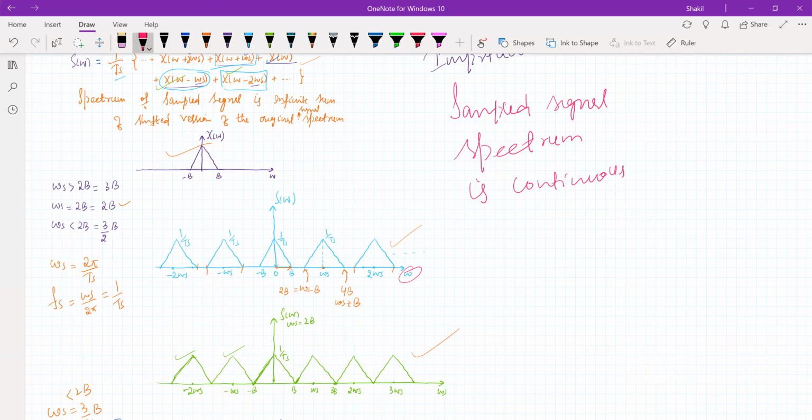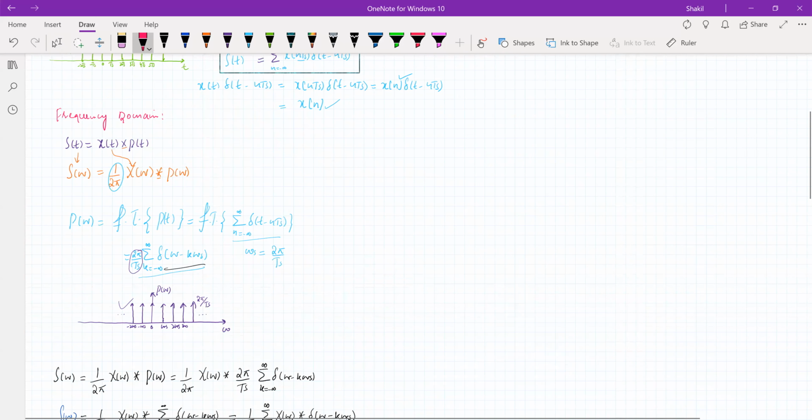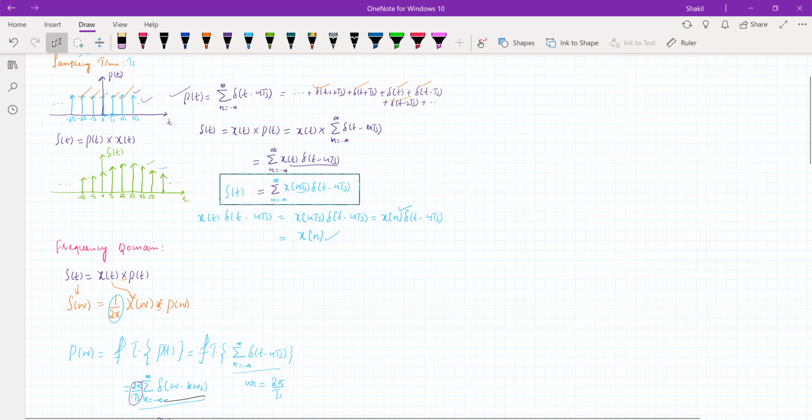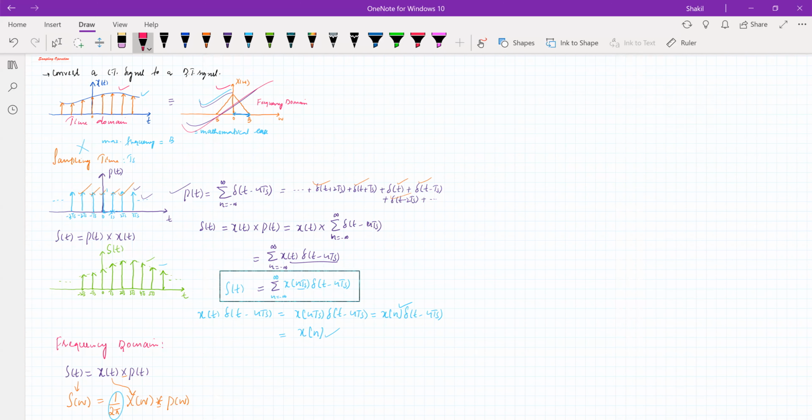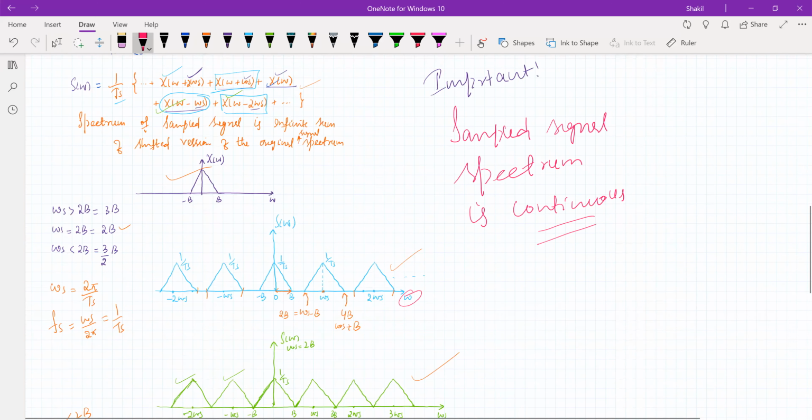It is continuously varying, it's not discrete. So if the input spectrum is continuous, the sampled signal spectrum is also continuous. This is a very, very important property. You must remember this very important observation.